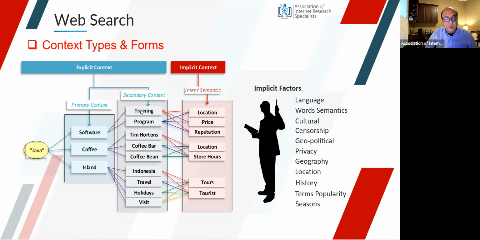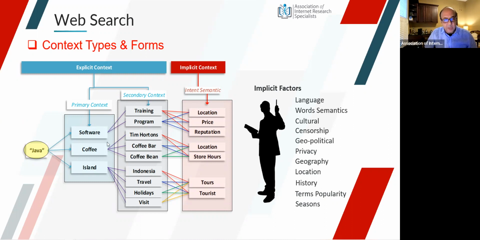If you're looking for training, or a program to run or to find files for, or if it's a software program alone, then you're going to add the secondary context word program. Another secondary context could be training. So depending on whether or not you are giving it a complete meaning by translation of intent through choice of words, Java software training could be one, Java software program could be another.